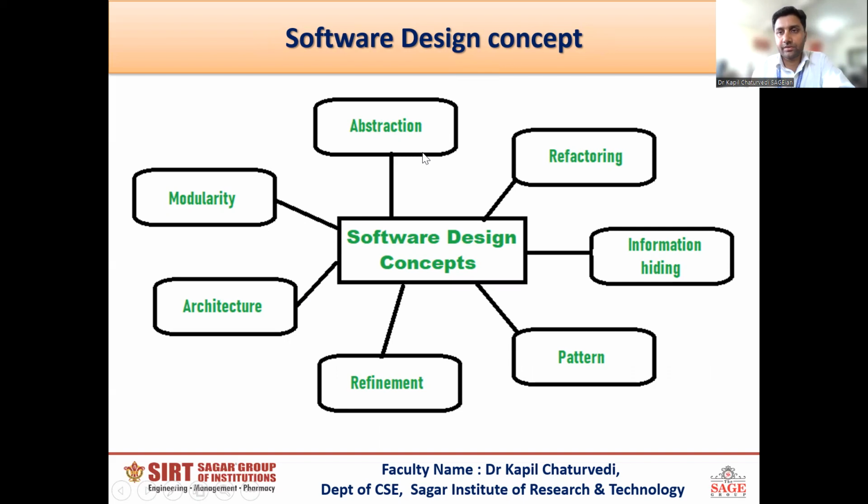What kind of information we have to hide and what kind of information we have to show to the other classes, to decide that, we make some designs. We prepare some diagrams, like object diagrams or different kinds of class relationship diagrams. Different kinds of hierarchies you implement to decide what information we have to show, what information we have to hide, and what information we have to partially hide or show.